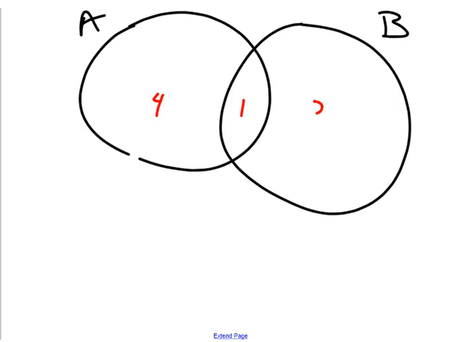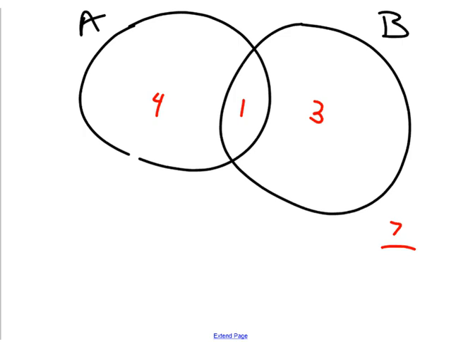4, 1, 3, and there are 7 people in the not either one category. Okay, so let's make this aardvarks and bananas. These are people who have seen an aardvark and people who have a banana at home.